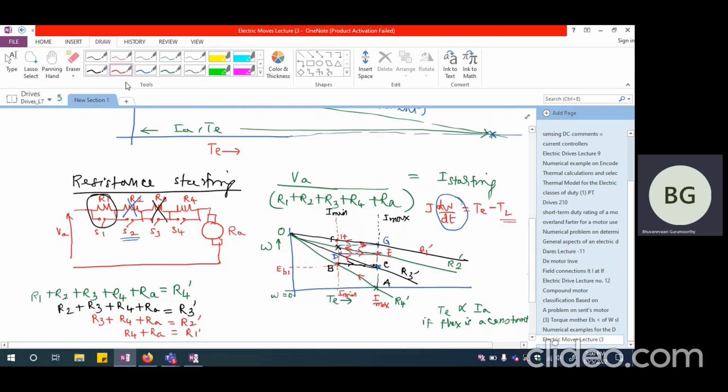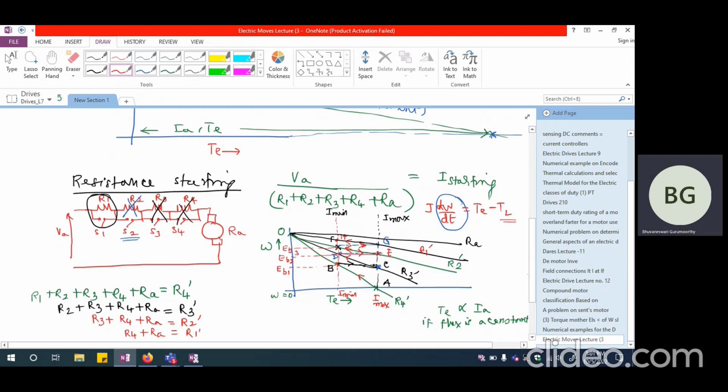So after that, I may cut off the last resistance, which is R4 also. So this characteristics may be the natural characteristics which is corresponding to RA. So let me write these back EMF points also. D and E correspond to the back EMF, which is EB2. Similarly, F and G correspond to a back EMF, which is EB3.